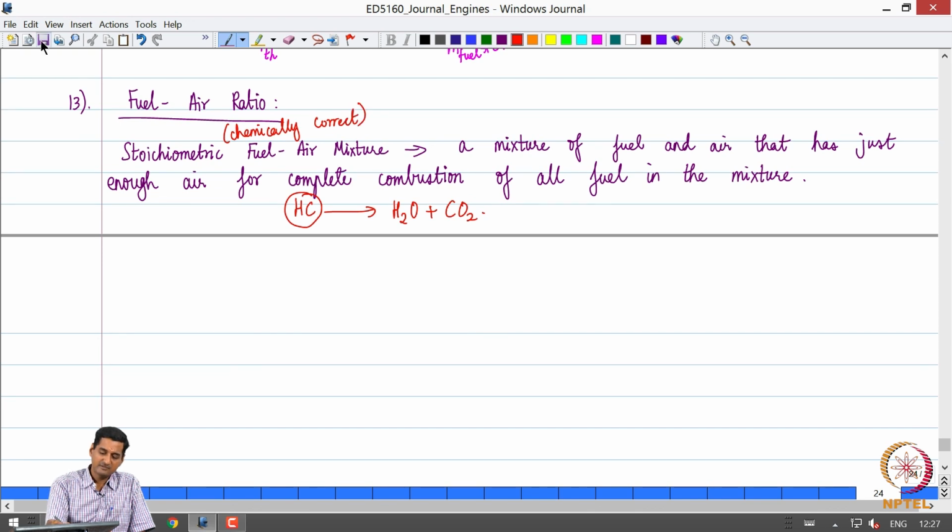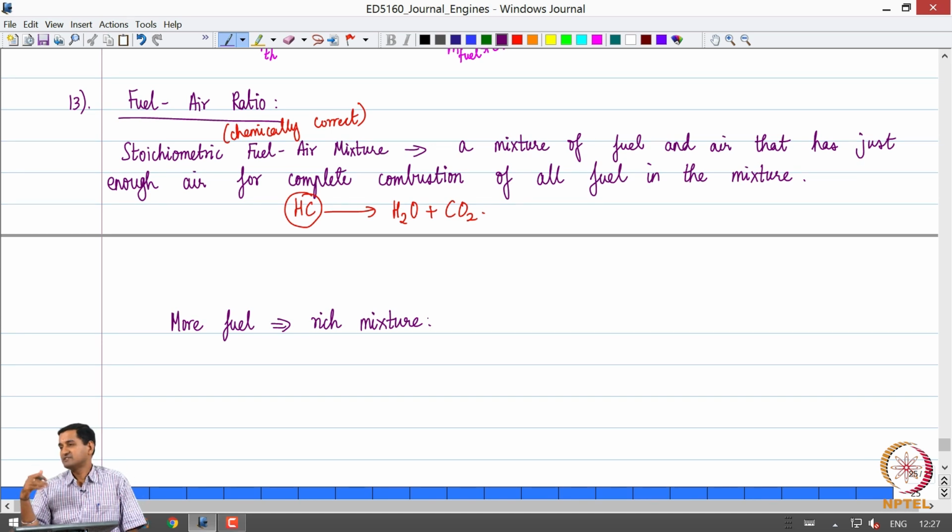Now, we can have more fuel in the mixture than the chemically correct mixture. That implies what is called a rich mixture. So, a rich mixture is one which has more fuel in the fuel air mixture than the chemically correct mixture. If you have less fuel, we have what is called a lean mixture.